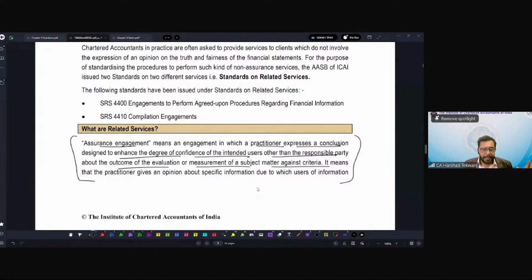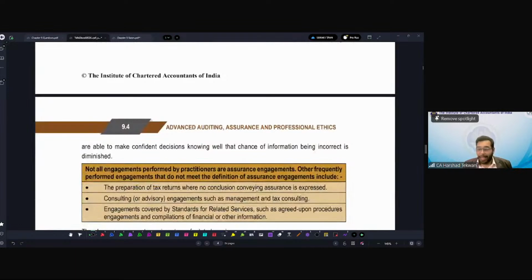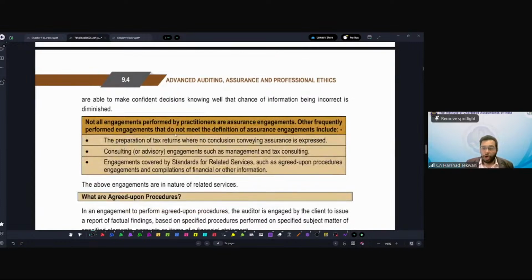Now, when I talk about a related service, basically it is not the assurance engagement, it is other than the assurance engagement. It means other engagements performed that do not meet the definition of assurance engagement. For example, preparation of tax returns where no conclusion conveying assurance is issued or expressed. Consulting or advising engagements such as management or tax consulting.